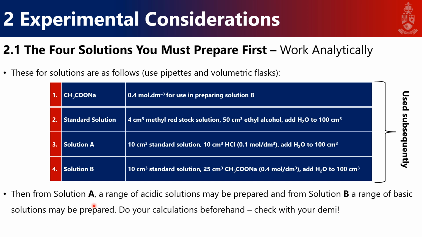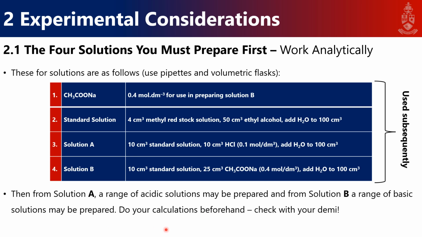So from here, if this hasn't made sense when you read the manual, what we're basically going to do now is dilute A and B to make a range of dilutions. So a range of acidic dilutions and a range of basic solutions.